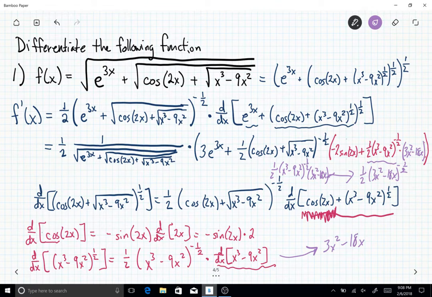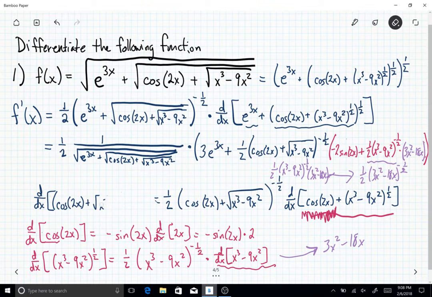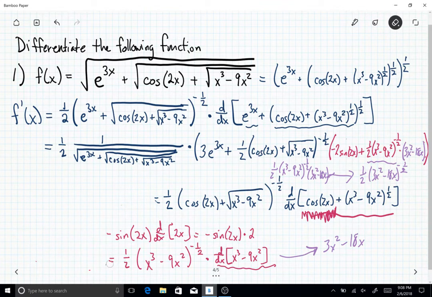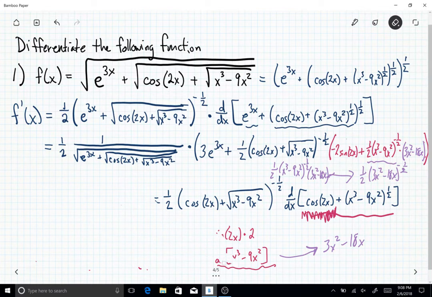Let's see here. We need to pick something that's big enough. So for example, and I'll need a little bit extra room here. So just so you can take a look and see what's happening.